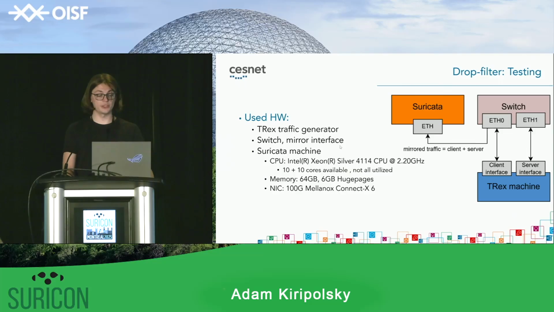As for the Suricata machine, we are using a 20-core CPU, 10 on one NUMA node and 10 on the second NUMA node, though not all of the CPU cores were utilized. We have been using 64 gigabytes of memory, 6 of those were huge pages, and a 100 gigabit network interface card.